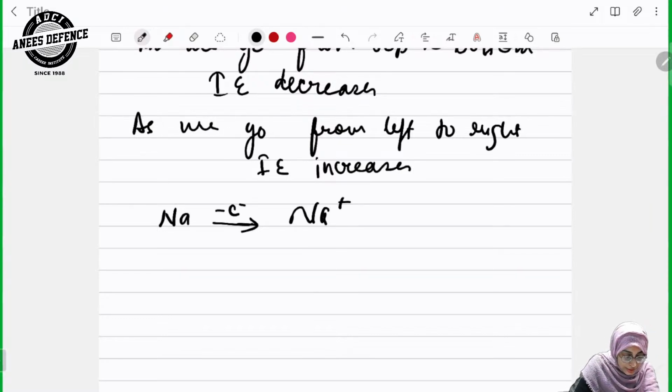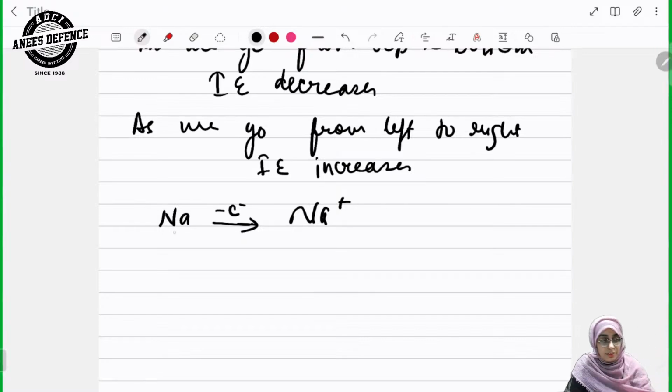And they form ionic compounds, because ionic compounds are those compounds which are formed by the transfer of electrons. By the transfer of electrons, one element should give an electron and the other element accept an electron. The one giving the electron is this sodium.